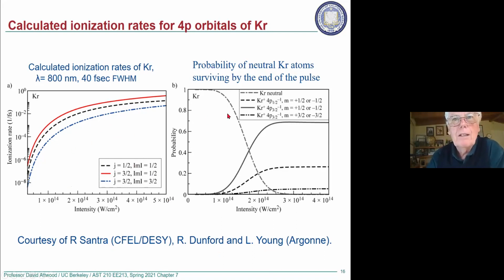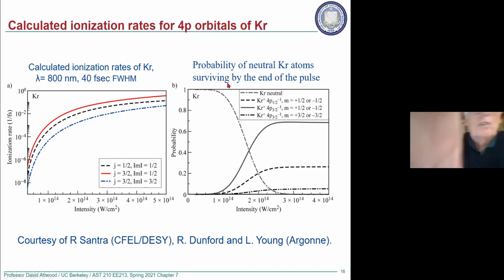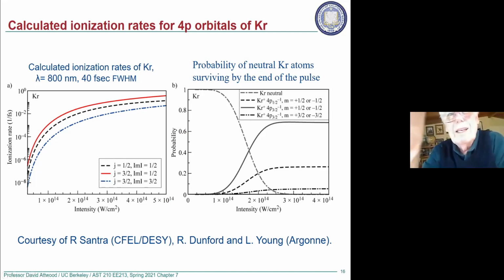What is valuable here is the probability of a neutral krypton atom surviving by the end of a pulse. So this is the probability of a krypton atom surviving, to not get ionized. For low enough intensity, it's 100% probability it's not going to get ionized. So it goes along with the previous question.